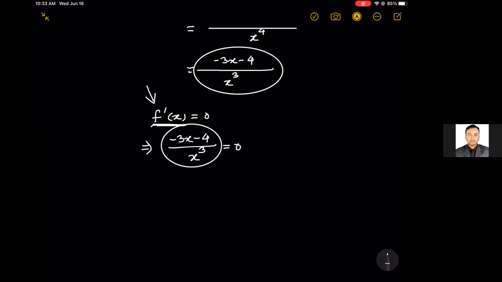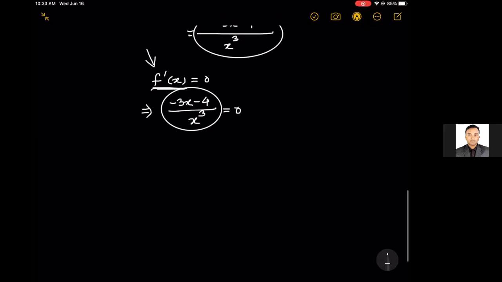Can you look at those values now? Can you see some at least, maybe one value that could make this first derivative undefined? For which the derivative will not exist? Just give it a try.